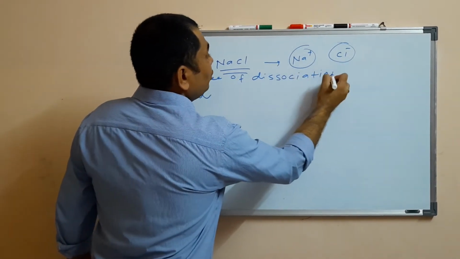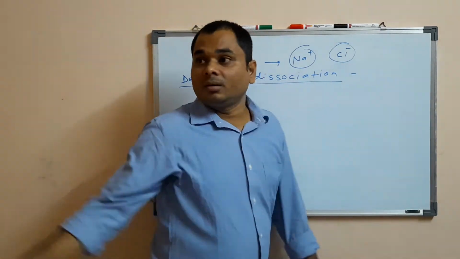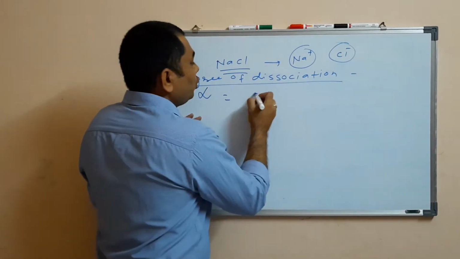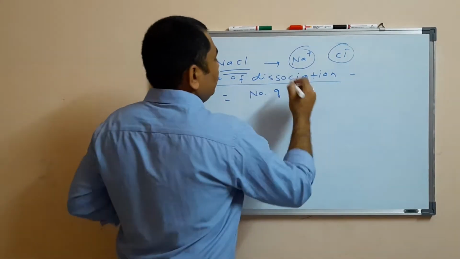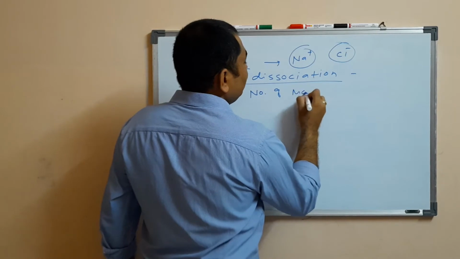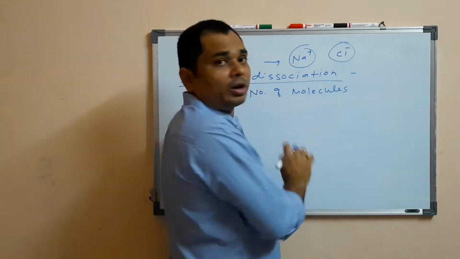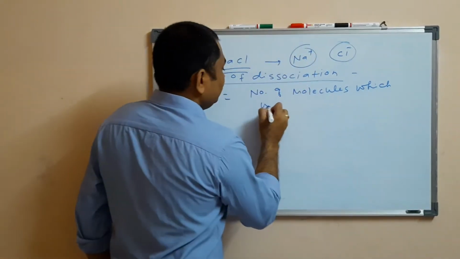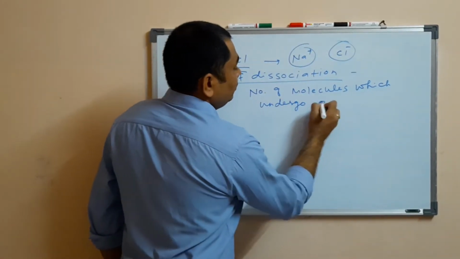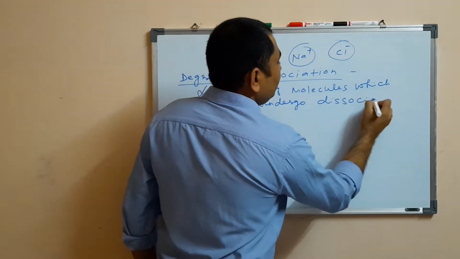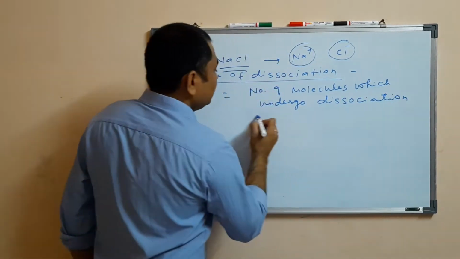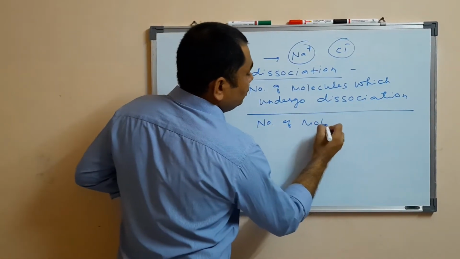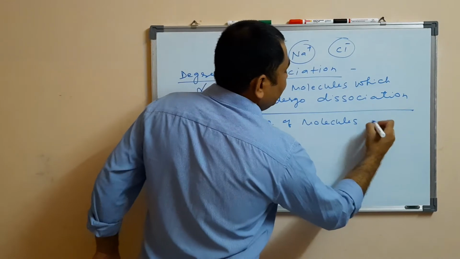See, degree of dissociation is the ratio of number of molecules or number of units which undergo dissociation and number of molecules or units which are added.